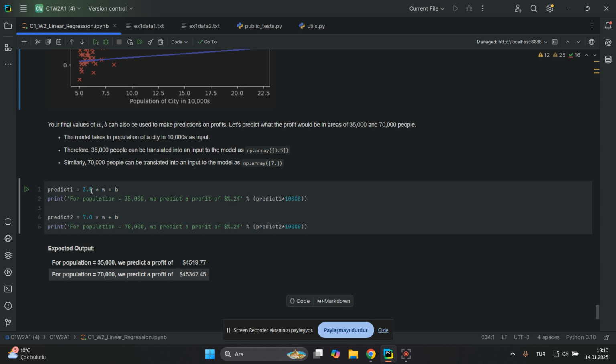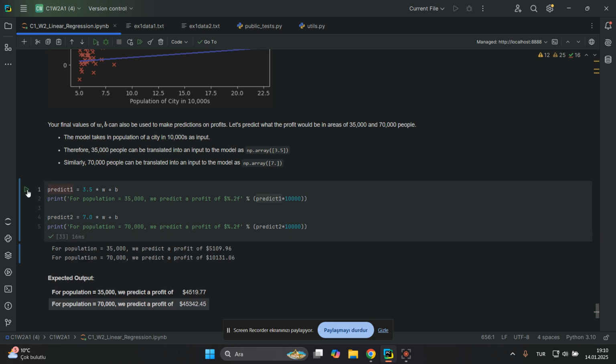Similarly, 70,000 people can be translated into the input as a numpy array 7. If we run this for the 35,000 population, we get the profit, and we are taking those values.